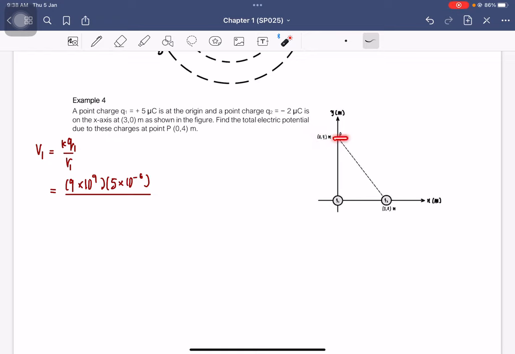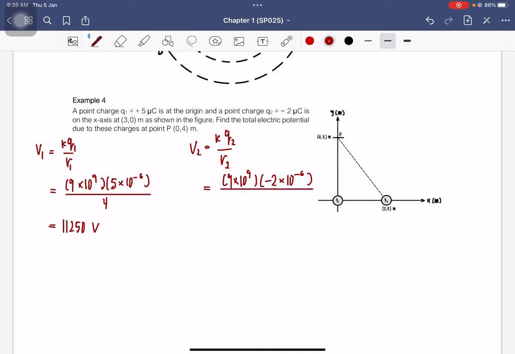So maksudnya the distance here is equal to 4 lah. So this is 4, which gives you 11250 volt. Untuk V2 pula, this is K Q2 over R2. So this is 9. This is negative 2.